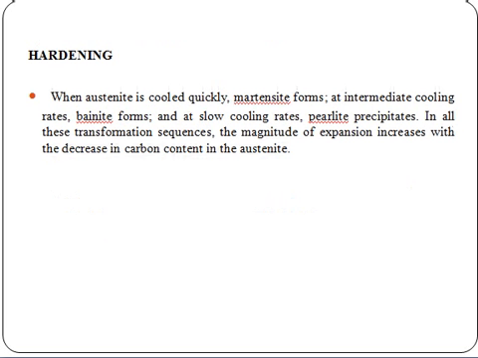The next one is hardening. When austenite is cooled quickly, martensite forms; at intermediate cooling rates, bainite forms; and at slow cooling rates, pearlite forms. In all these transformation sequences, the magnitude of expansion decreases with the decrease in carbon content in the austenite.